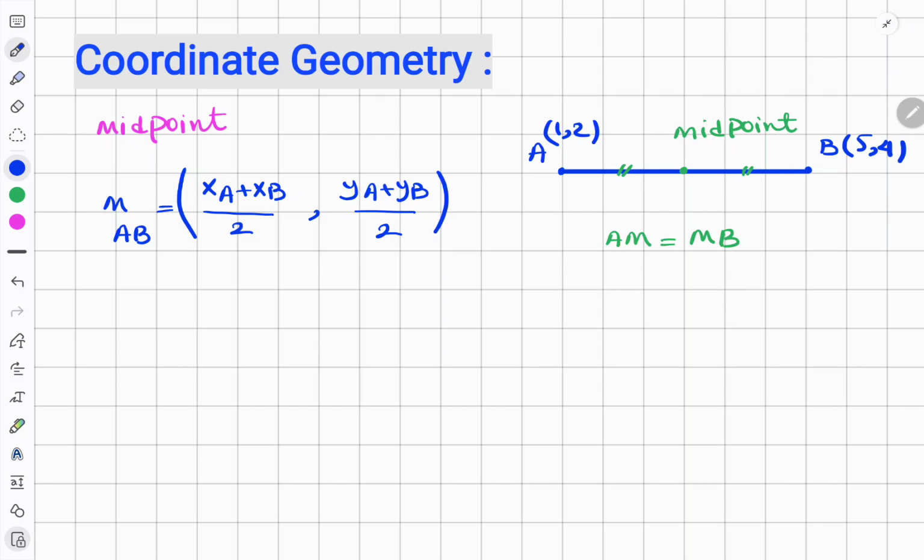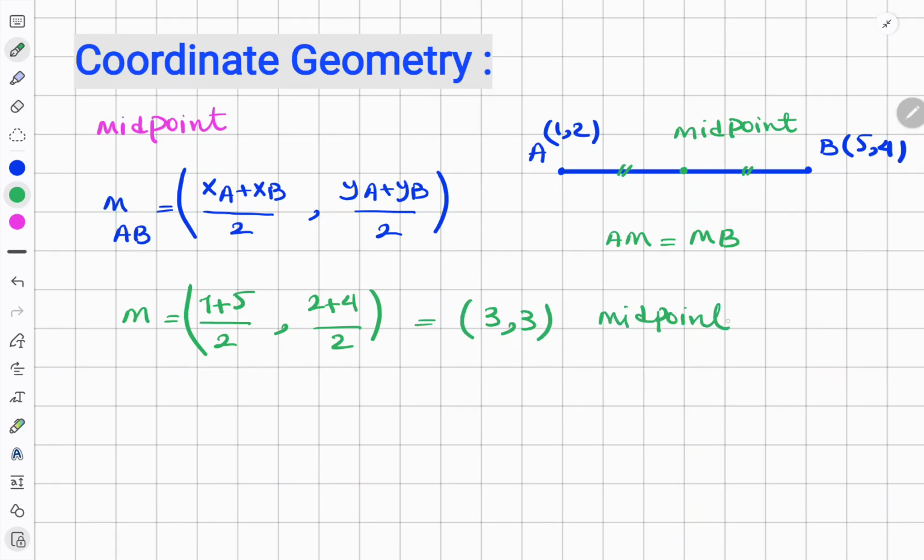So in order to find M, we just need to find the average of 1 and 5, which is 6 over 2, which is 3. And the average of y is 2 plus 4 over 2, which is 3. So the midpoint is (3, 3).